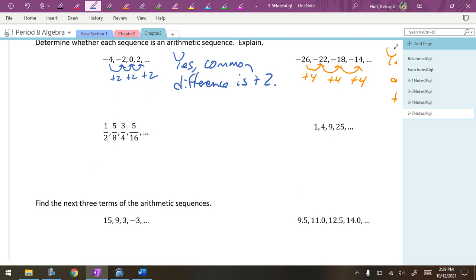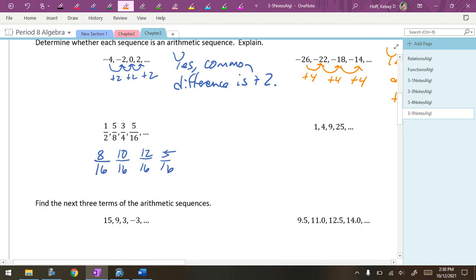Okay? So 1/2 is 8 over 16. 5/8 is 10 over 16. 3/4 is 12 over 16. And 5/16 is 5/16. Okay.